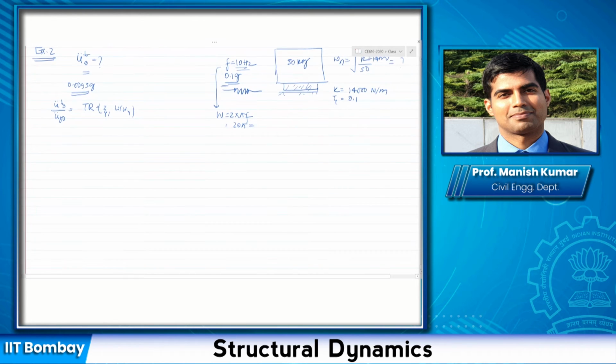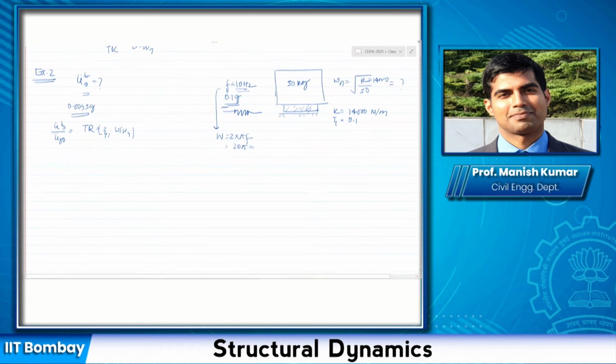So you can substitute those values for omega n and omega here, and zeta you know is 0.1, to get this ratio, which I think comes out to be around 0.1, right? So my total acceleration is 0.1 times the peak ground acceleration, which is 0.1 g. So 0.1 times 0.1 g, which is 0.001 g.